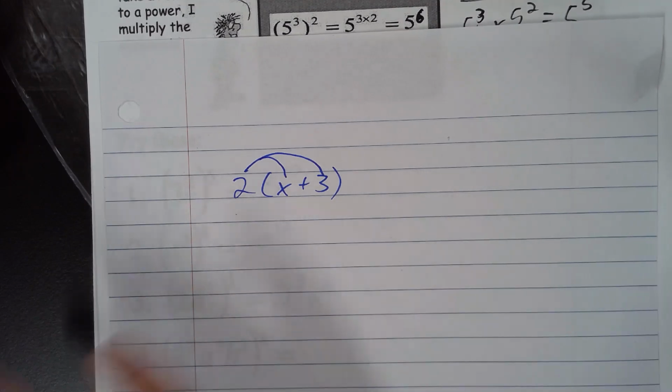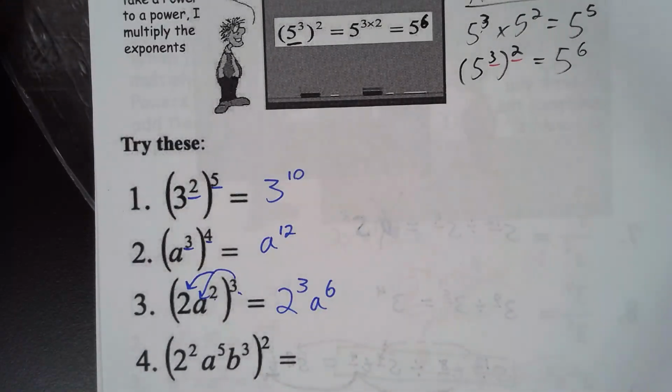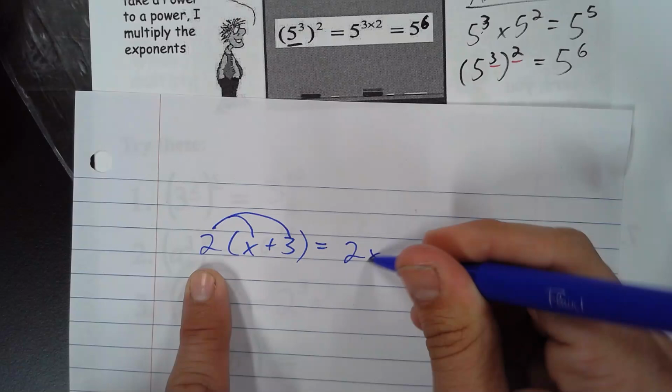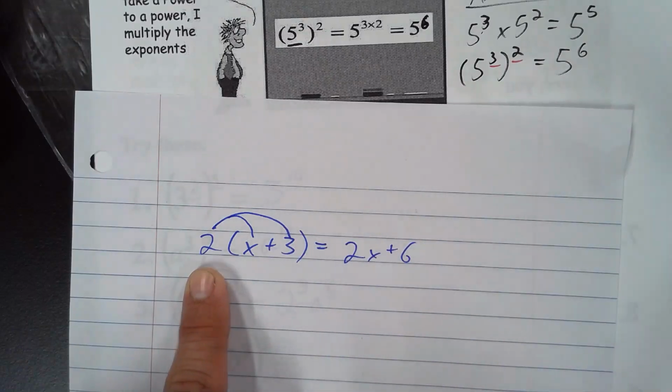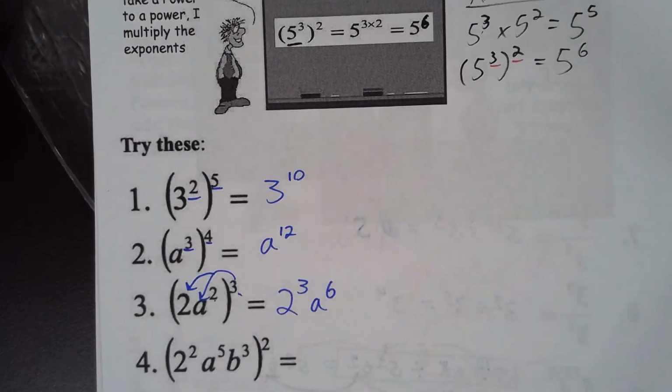So this would be 2 times x, which would be 2x, then 2 times 3, so 2x plus 6. Don't worry about it. We'll get there.